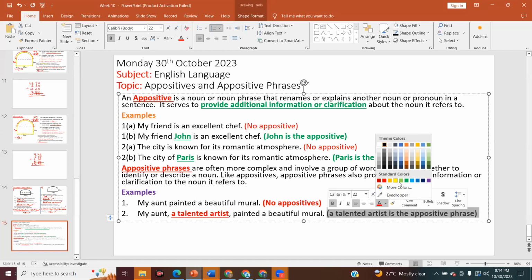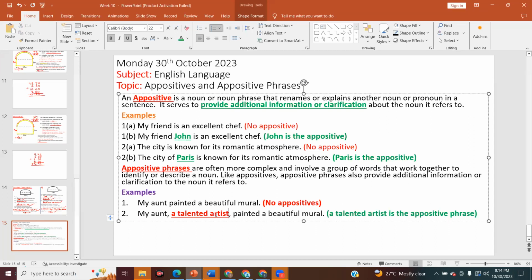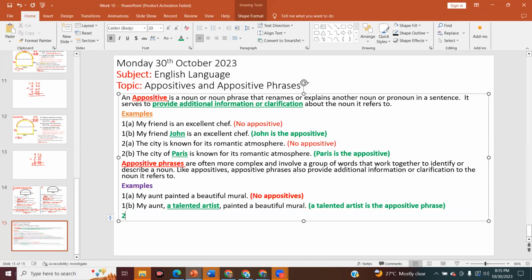So let's do another one. This is not number 2, this is number 1B, and let's call this number 1A. Okay, now let's do number 2A.